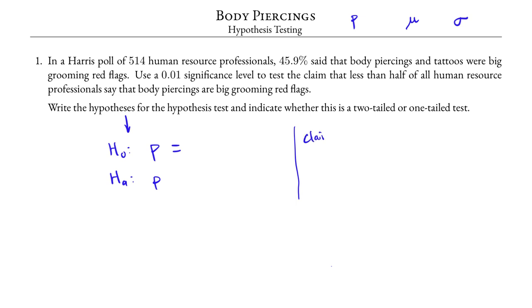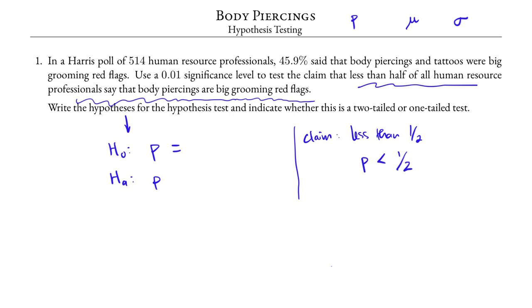The claim is that less than half of all human resource professionals say that body piercings are big grooming red flags. This is p less than 0.5, or 1/2. And this is the claim in symbolic form.